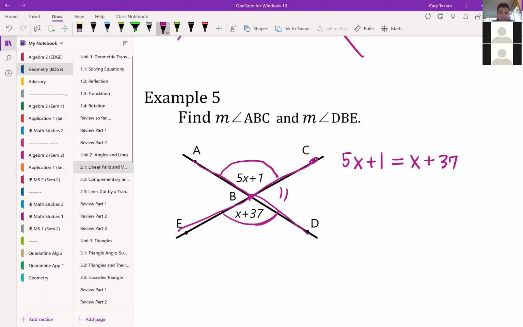Now let's solve for x. We've got x on the right side of the equal sign, and we've got x on the left side. We need to get rid of one of the x's, and to do that, we're going to get rid of the smaller x, right?